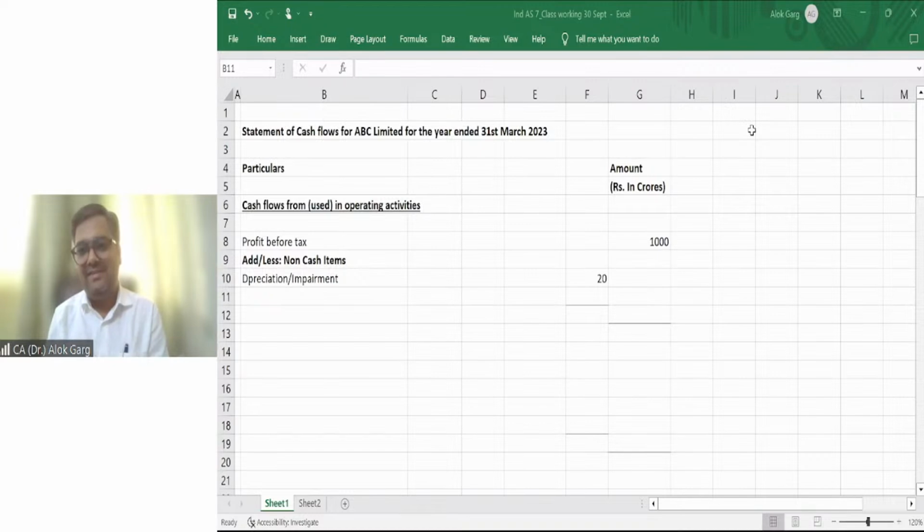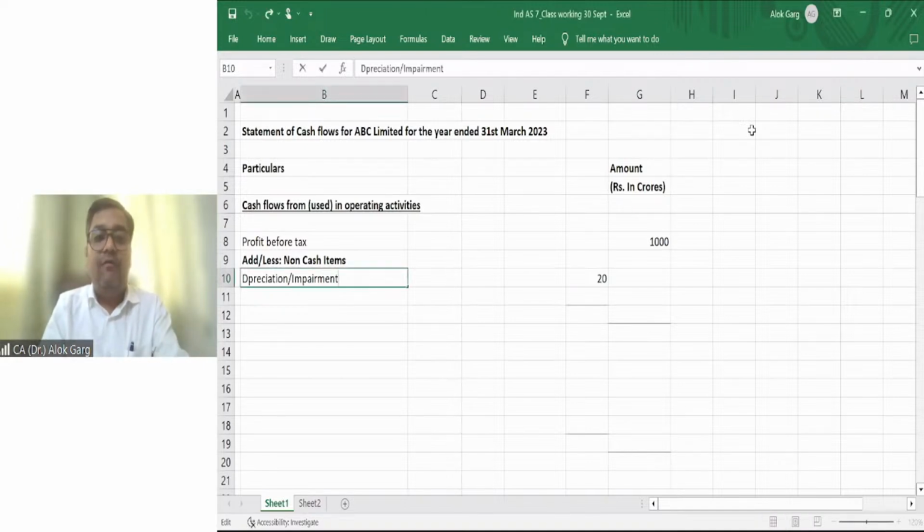Foreign exchange differences, right? When you are restating your closing items on the closing rate, of course there is a foreign exchange gap. So this foreign exchange is again a non-cash and notional item. So for example, depreciation, impairment, foreign exchange differences, unrealized forex.